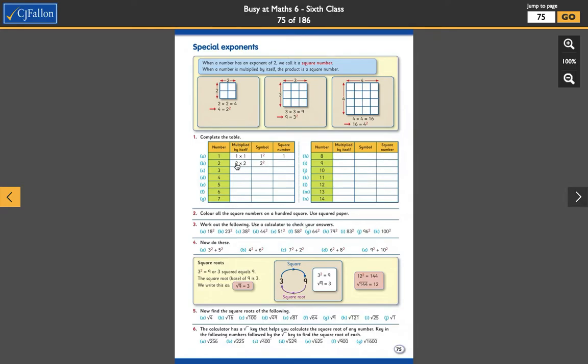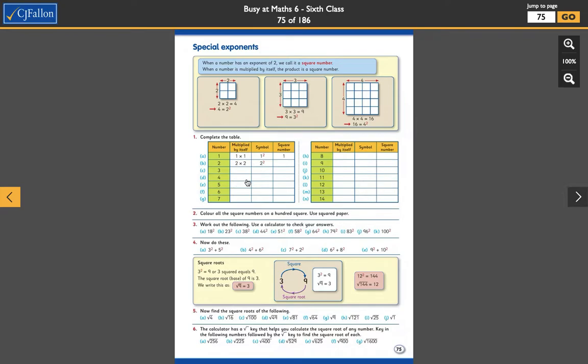The base number is 2, so that's what you're multiplying. But how many times will I multiply 2? Twice. And 2 by 2 gives you an answer of 4. And if you look up here, this exact sum is this one up here. 2 by 2, and the answer is 4. 1, 2, 3, 4.